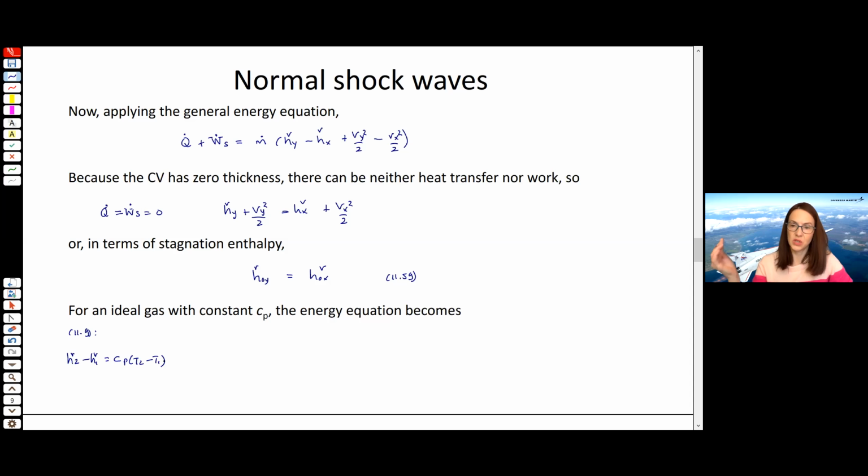So we've got this relationship between the temperature and the enthalpy. If we assume an ideal gas with a constant specific heat Cp, then the equation above becomes simply this, that the stagnation temperature does not change across a normal shock. Okay, now that's pretty unusual because most of the thermodynamic properties do change across the shock. The stagnation temperature is one thing that does not change.